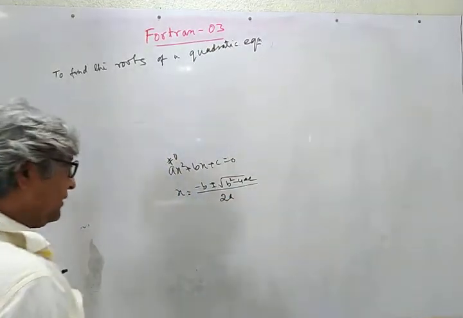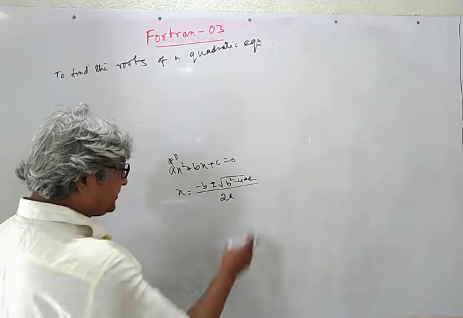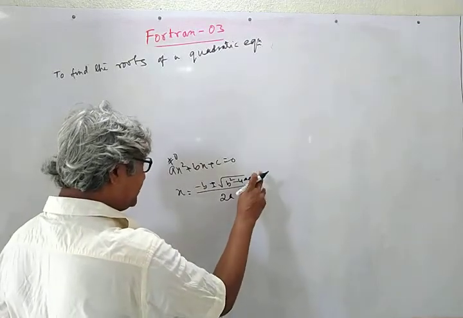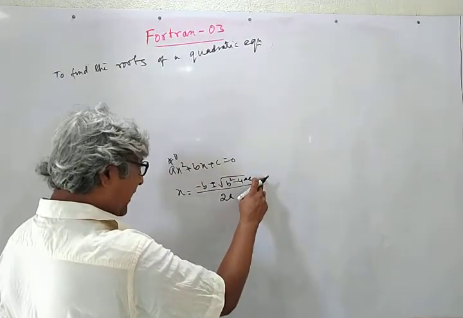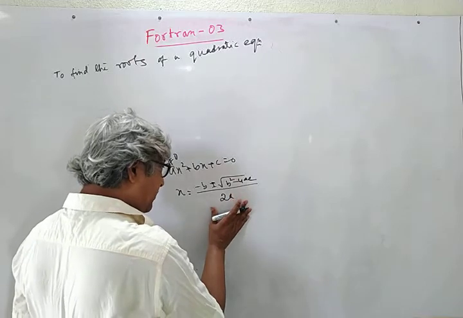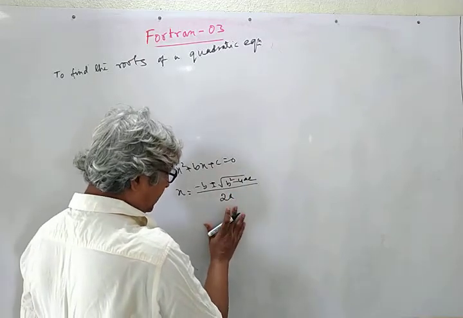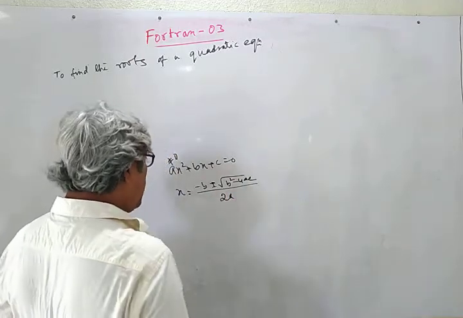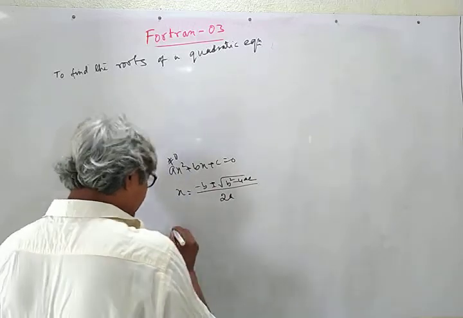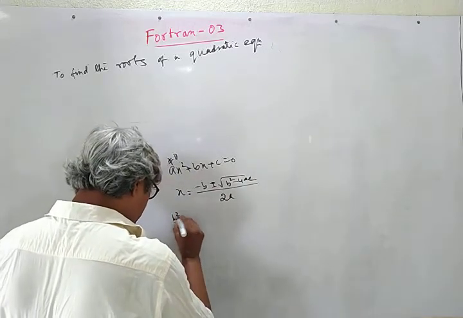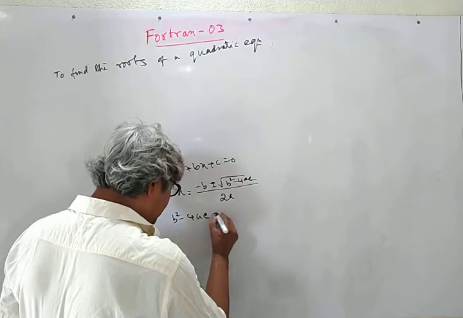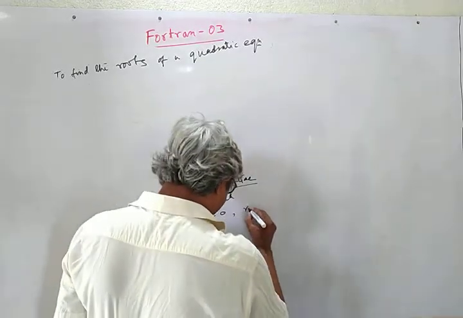You know that if a happens to be 0, then this expression will be undefined. So we must take care of the fact that a is not equal to 0. And the roots are real if b square minus 4ac is greater than or equal to 0. If b square minus 4ac is equal to 0, we have repeated roots.